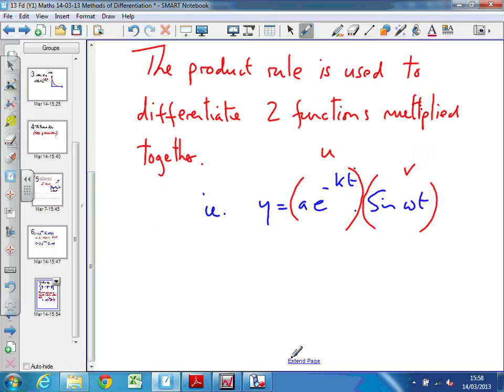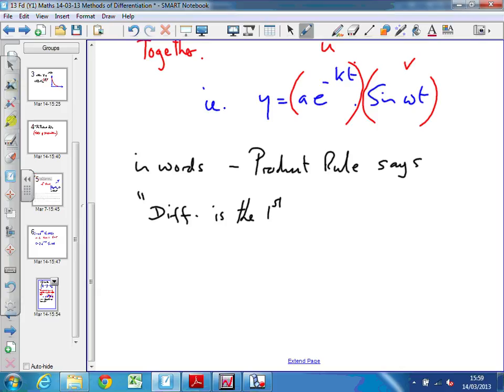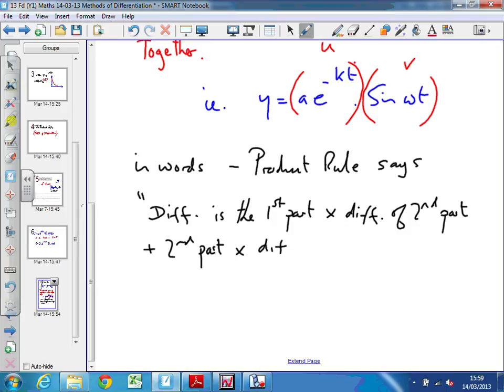So in words, the product rule says a differential, using abbreviation, is the first part times the differential of the second part, and this is the way I remember it, plus the second part times the differential of the first part.